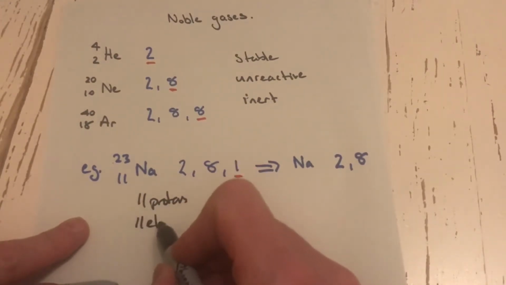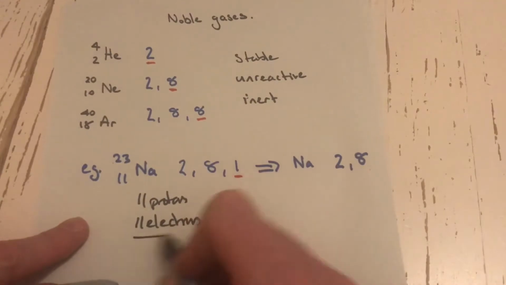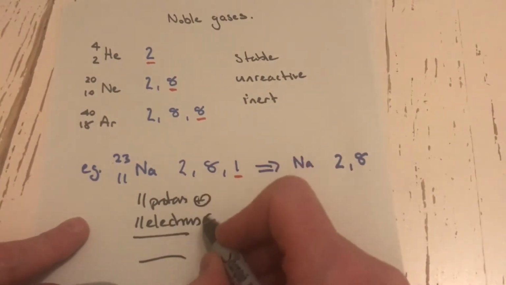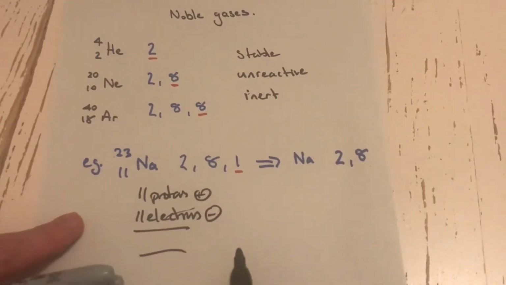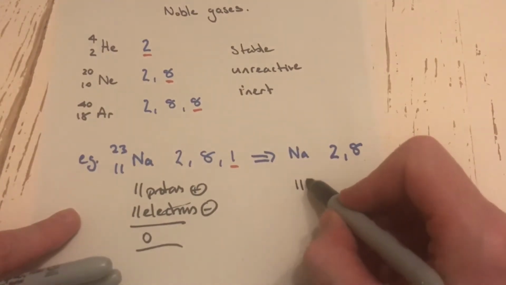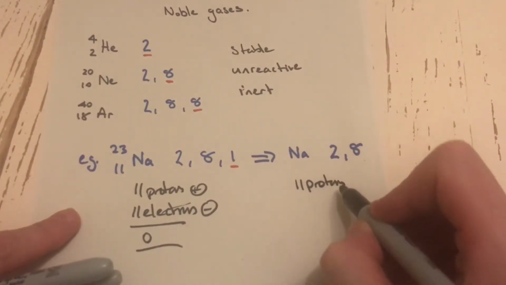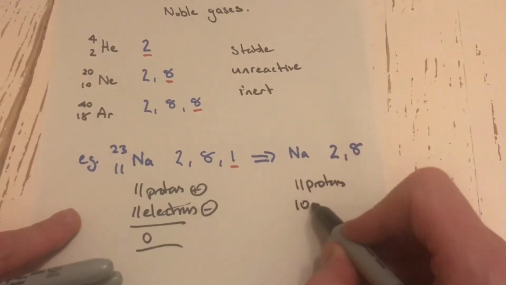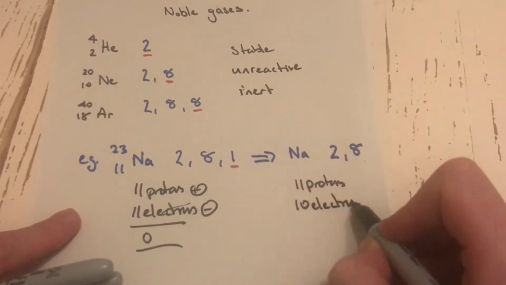Now that causes a change, because at the very beginning, sodium has 11 protons and it had 11 electrons. If you remember, protons are positive, electrons are negative, so you have 11 positives and 11 negatives. Overall, you have no charge. But on this side, we still have 11 protons, but now with 2,8, losing that 1 electron, it has 10 electrons.